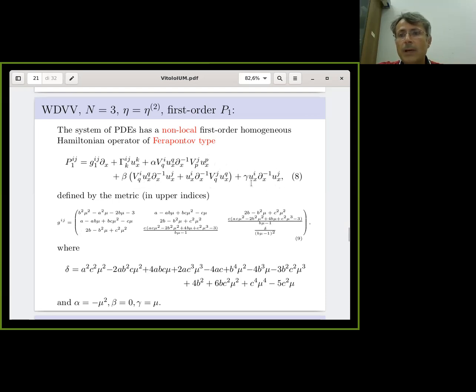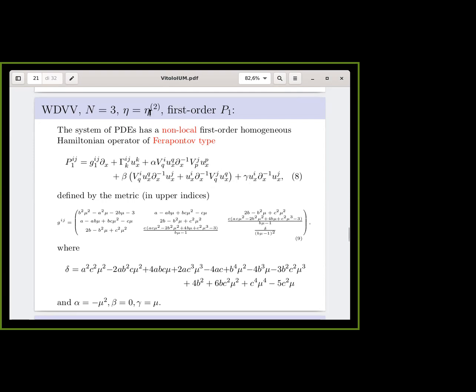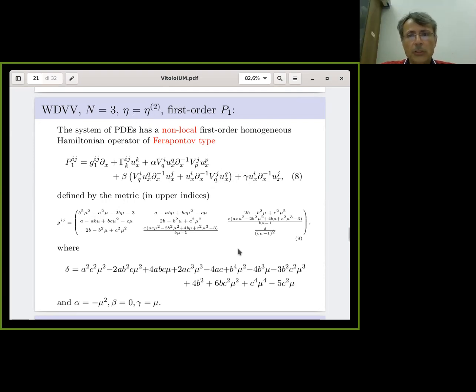In some cases, you have just velocities, but in some other cases, you have the velocity matrix of the hydrodynamic type system multiplied by velocities. So it's much more involved. But it can be determined by only three constants, alpha, beta, and gamma. And what happens is that eta 2 has exactly one first-order operator, which is written in this form.